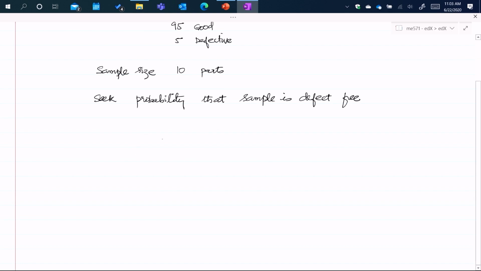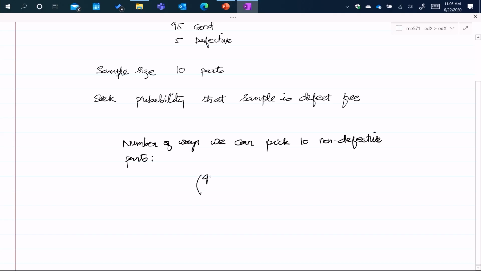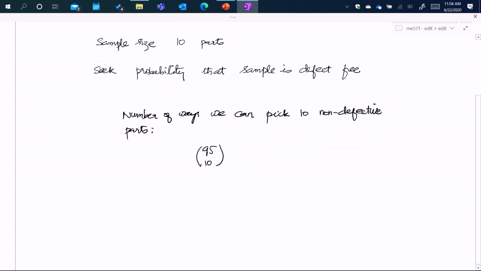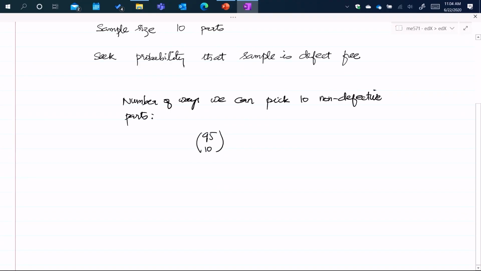Since we know there are 95 non-defective parts, the probability that we seek is based on the number of ways in which we can pick 10 non-defective parts. And that is picking 10 items out of 95 items. We know that the population has 95 non-defective parts, and this is the number of ways in which we can pick 10 non-defective parts.